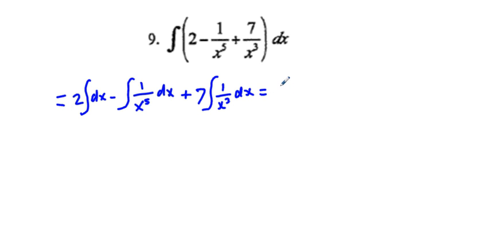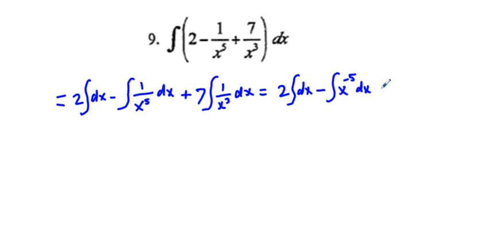So we're going to keep 2 integral of dx the same, and then we're going to have minus. What we're going to do is take this 1 over x to the 5th and make this x to the negative 5th power dx.